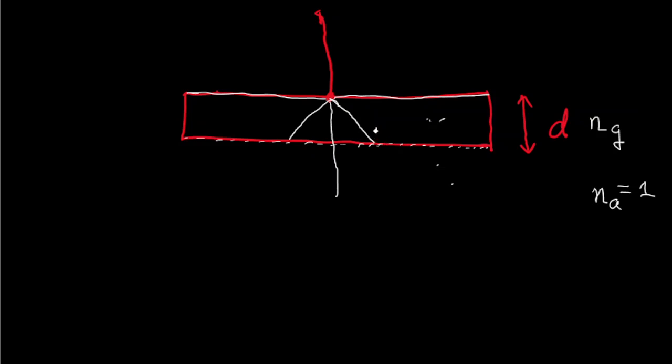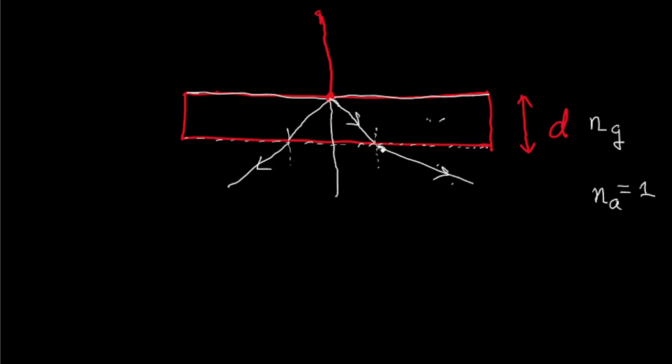So when light is incident at this interface, the scattered light will bend away from the normal. So it will go in this direction, and similarly this one also goes away in this direction.